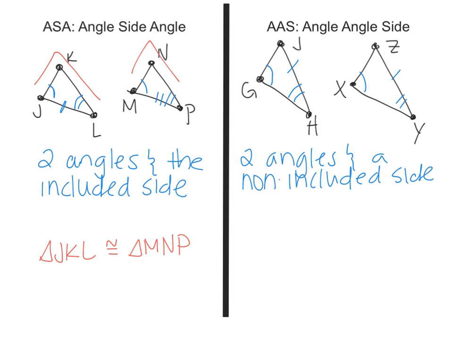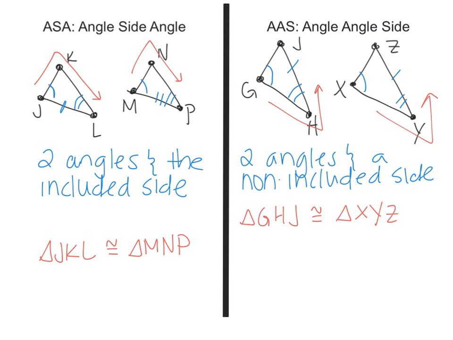If I were to write this, I could write it as GHJ going this way, congruent to triangle XYZ, going this way.